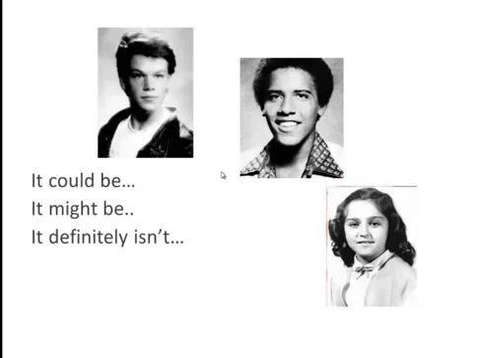So you can give people these photographs and ask them, when he grows up, what is he going to be, for example, or who is he going to be, maybe. You could also look at this kind of language, could be, might be, definitely is, definitely isn't, so you could look at language of possibility.